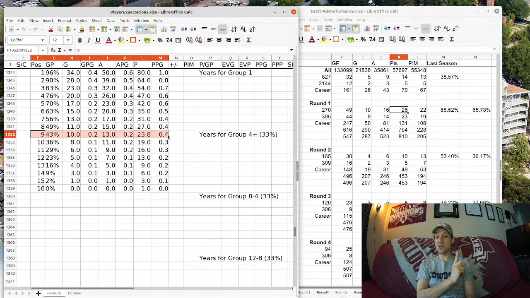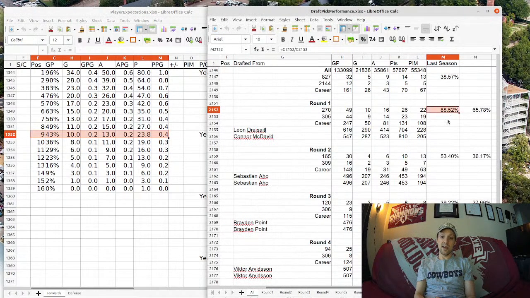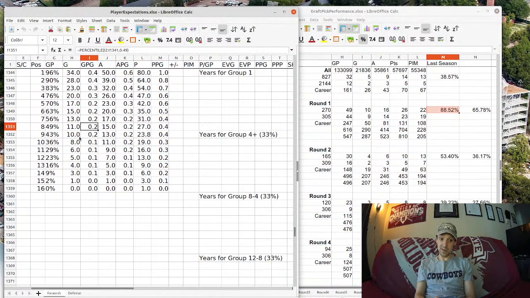But what you could argue is there's essentially an 88.5% likelihood that they'll make the NHL, which is quite high. And that likelihood will likely produce a third line player. So to have a third line player more or less guaranteed out of a first round pick, I would say that's quite valuable.